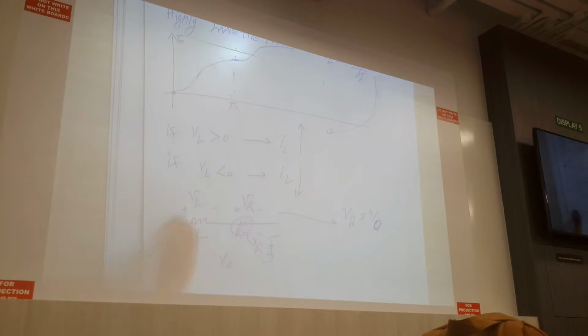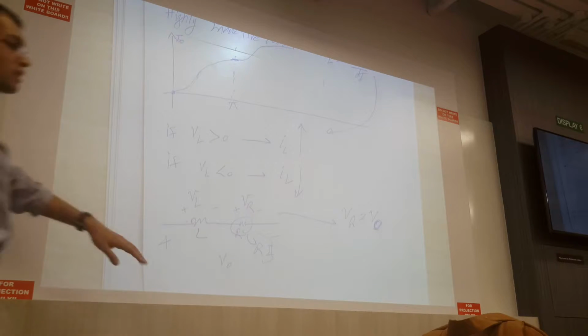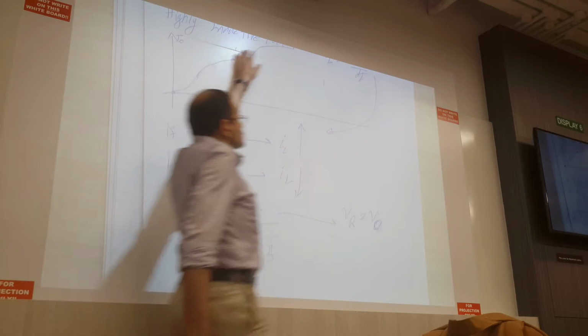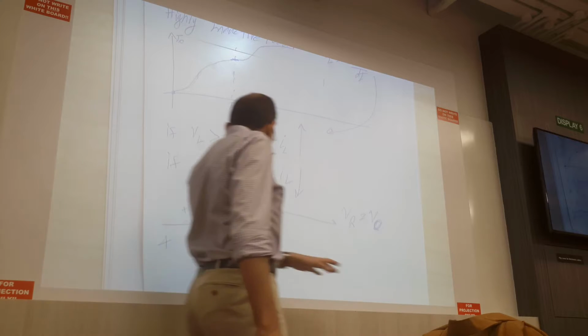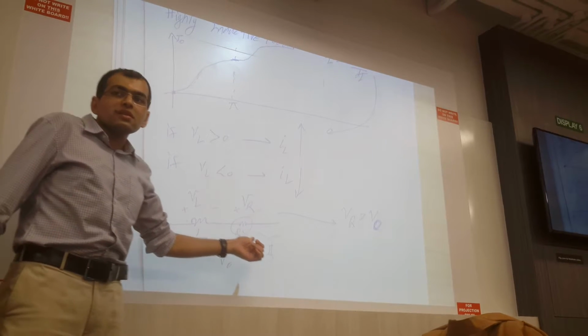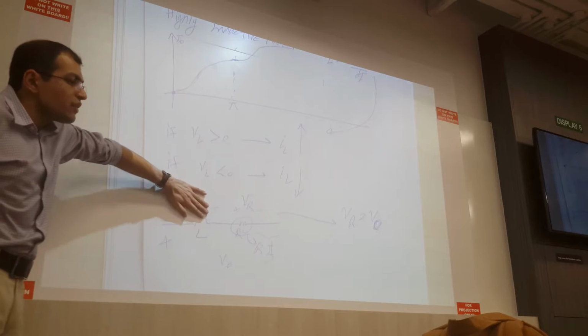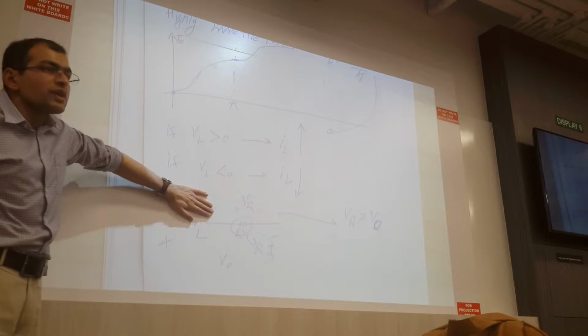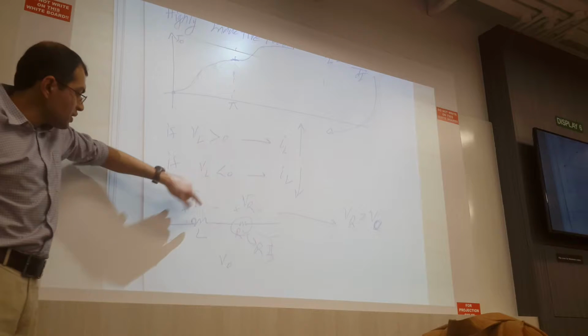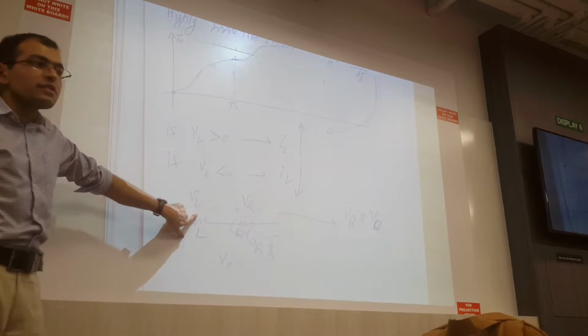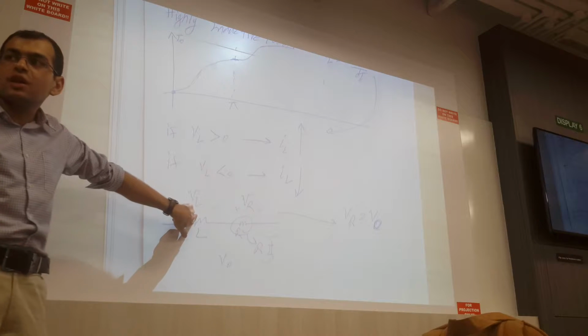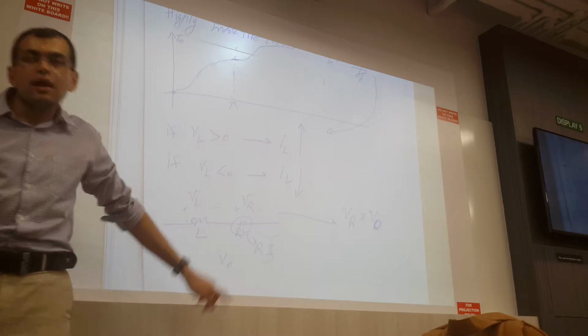This means that I won't have any voltage drop on the inductor anymore. Since the current is very large, the voltage drop on the resistor is very high, and I won't have any voltage drop on the inductor. This means that L dI over dt will become 0 and the current will become constant.